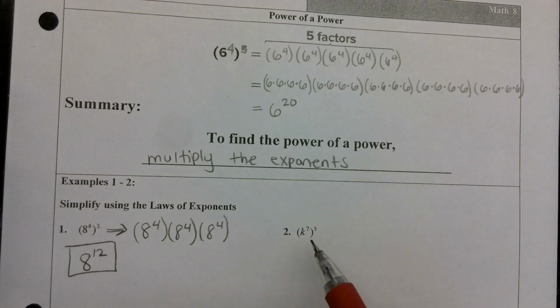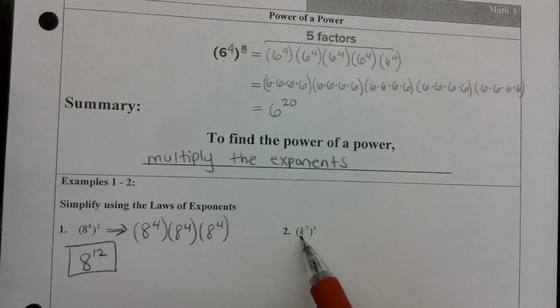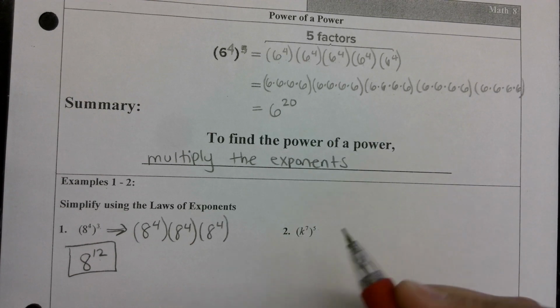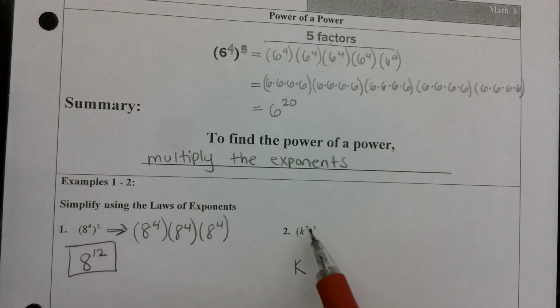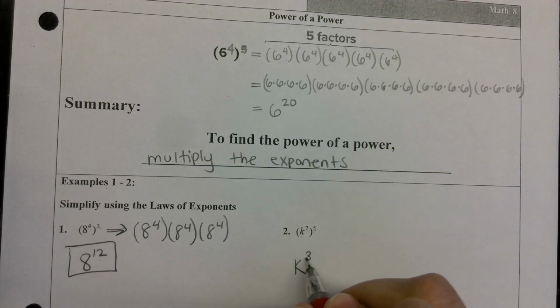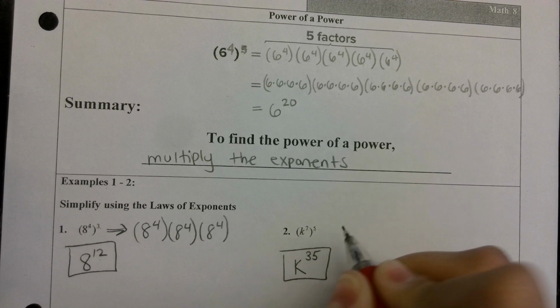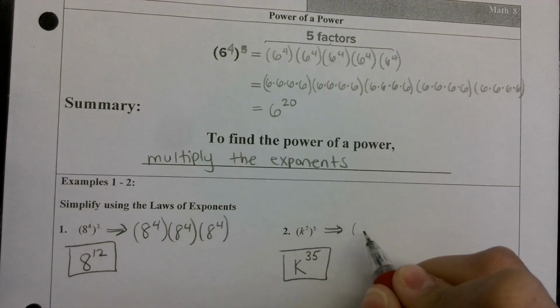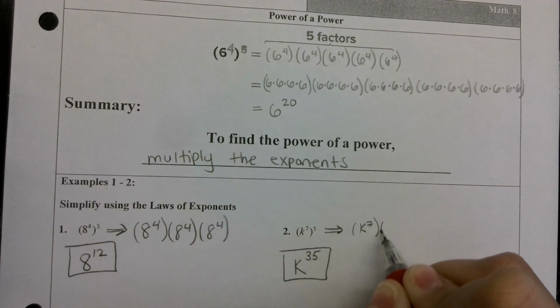So for this next one, I have k to the 7th raised to the 5th. So I'm going to keep my base. When I have a power to a power, what am I doing with that 7 and 5, those exponents? Multiply. 7 times 5? 35. Good. So I get k to the 35th power. Again, if you need to, show 5 groups of k to the 7th.